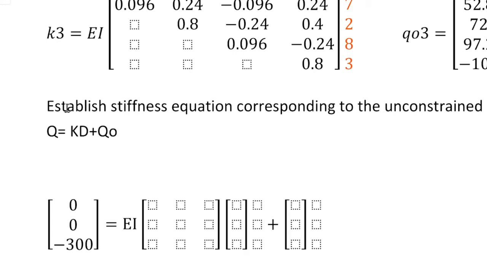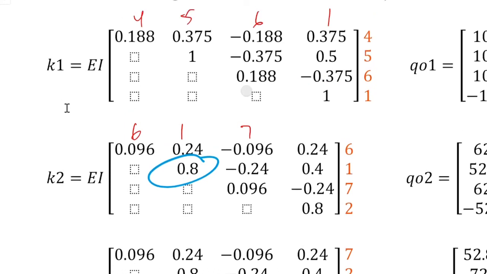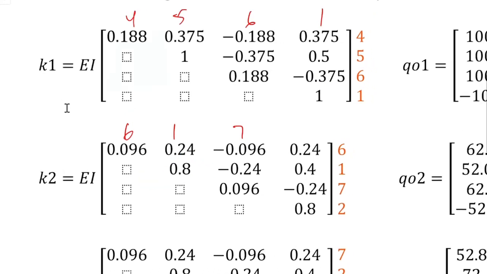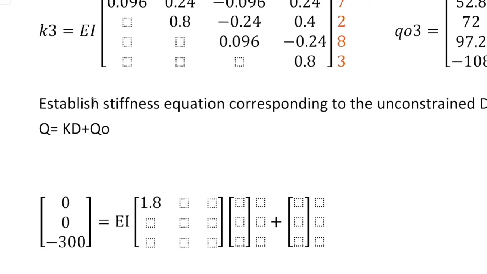For position 1,2, where is 1,2? 1,2 in K2, 1,2 and 2,1 are the same, and the value is 0.4. So for 1,2 it is 0.4, and for 2,1 as well it is 0.4.